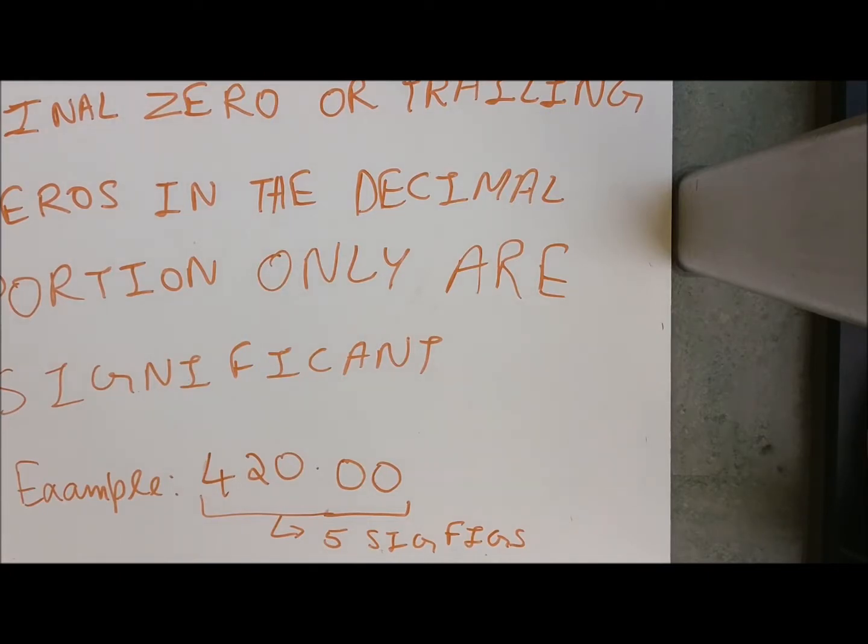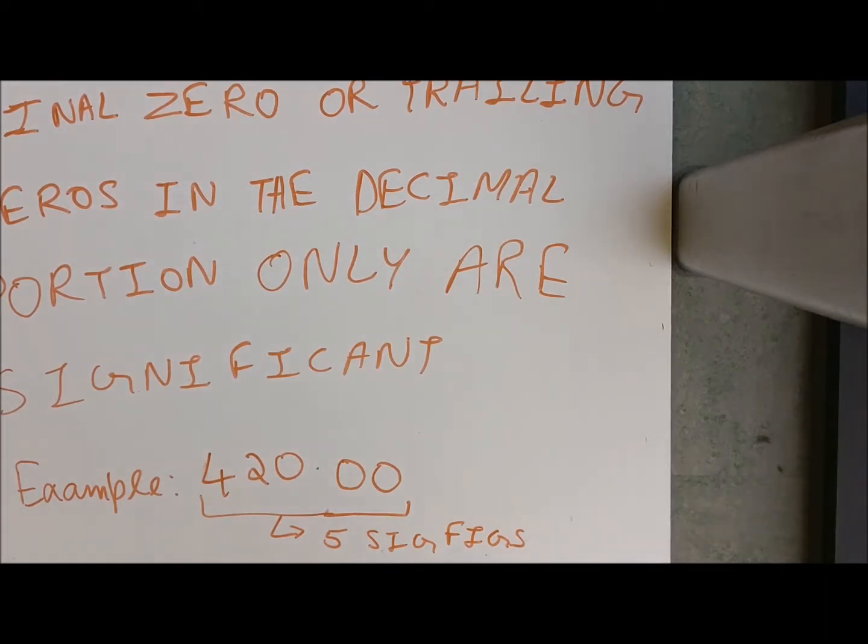So, in this case, if we look at 420.00, two zeros are trailing after the decimal point, and there's no significant figure to the right of them.